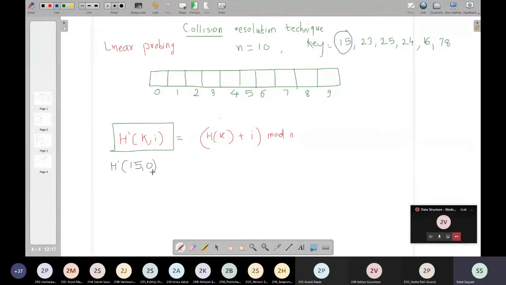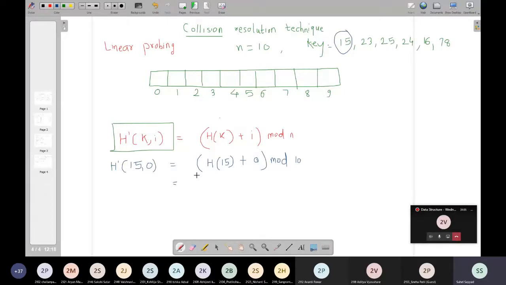What is h dash of 15 comma 0? It will be h of 15, k is 15, plus I, which is 0, mod n, which is 10. Again, what is h of k?